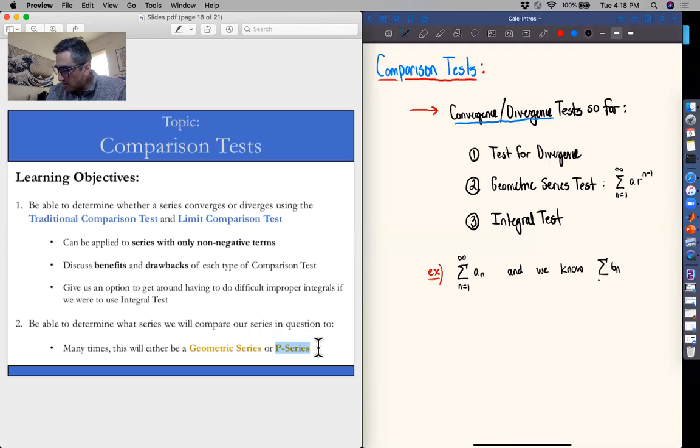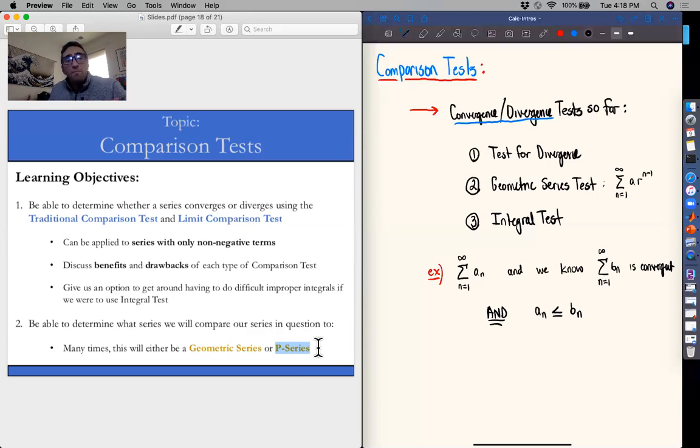We know that some other series, say b sub n, is convergent. And this is where the comparison comes in. And we know that our series function a sub n is less than or equal to the series function for b sub n.